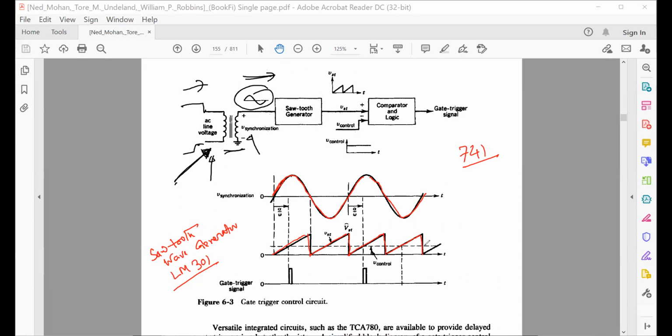Okay. So in the IC you have to just apply this synchronization to a particular pin, and there will be a ground. You have to connect this ground over there, and there will be a DC supply of your op-amp. What is the maximum DC supply of op-amp? Maximum DC supply you need to operate any op-amp.